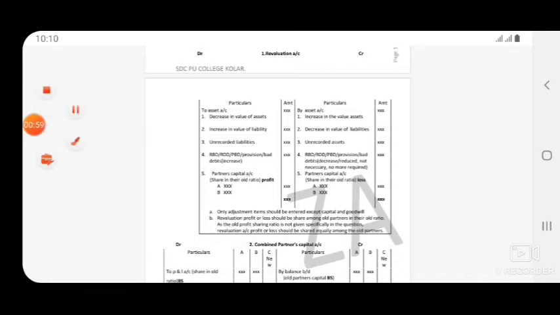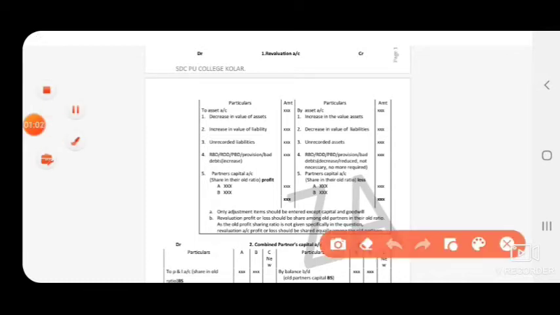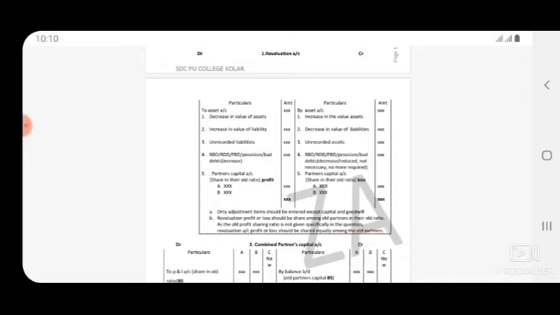And finally, the revaluation account profit: if you get profit, transfer it to the partner's capital account, or if you get loss, transfer it the same way, and share it in the old ratio only between the two partners.